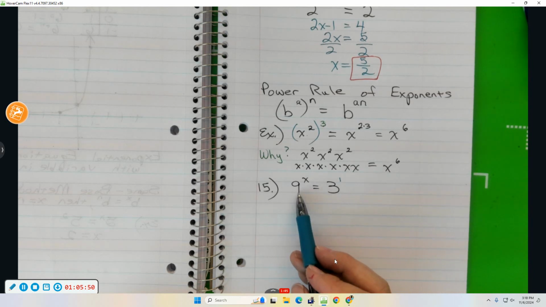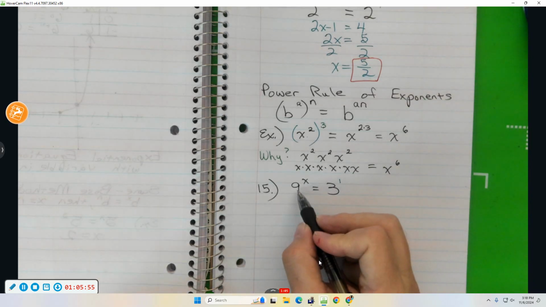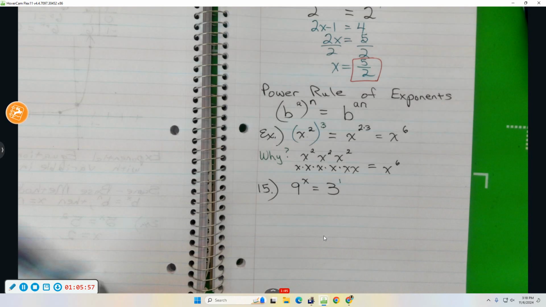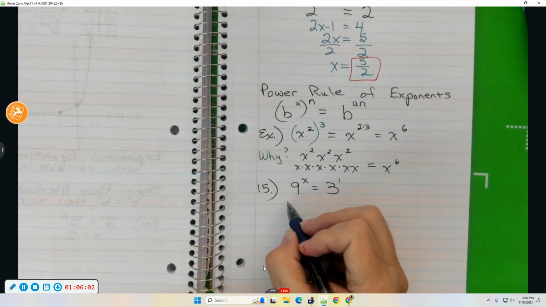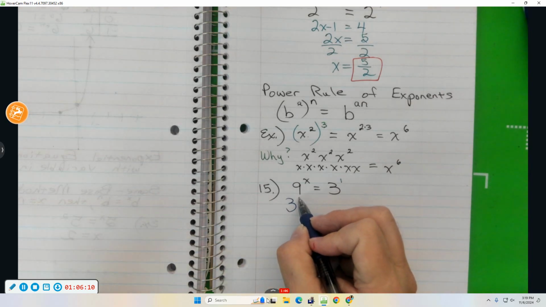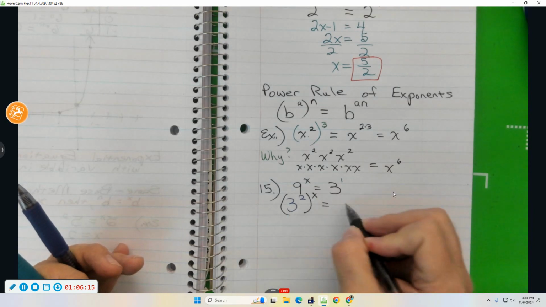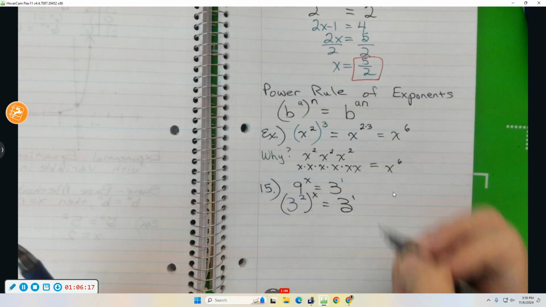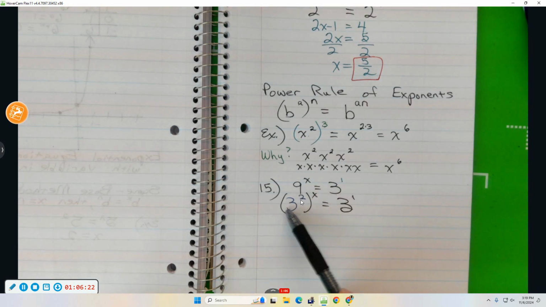How can we write 9 as a power of 3? 3 to the power of 2, it's 3 squared. Did y'all follow my logic here? 9 is 3 squared. 3 times 3 is 9.